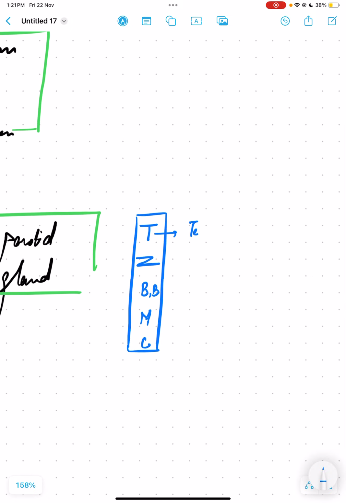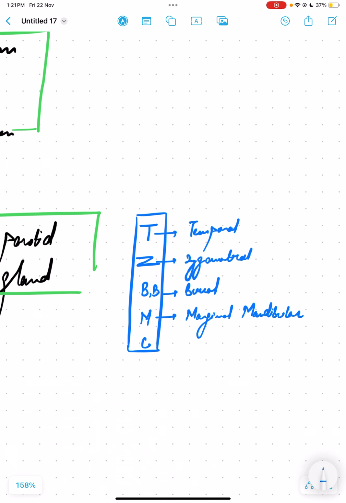T is for the temporal, Z is for the zygomatic, B is for the buccal, M is for the marginal mandibular, and C is for the cervical.